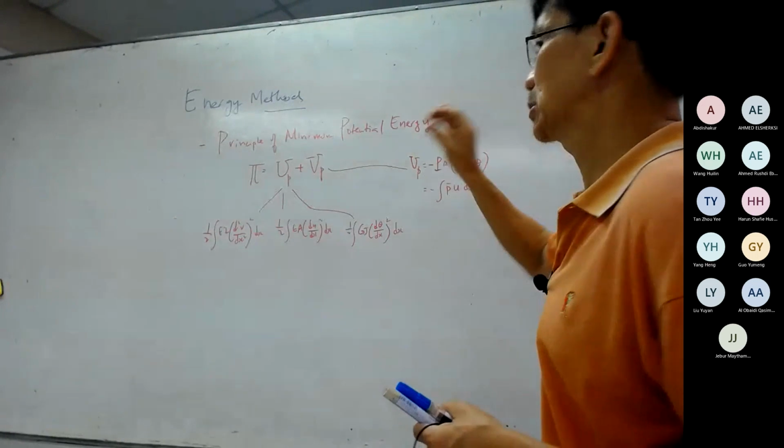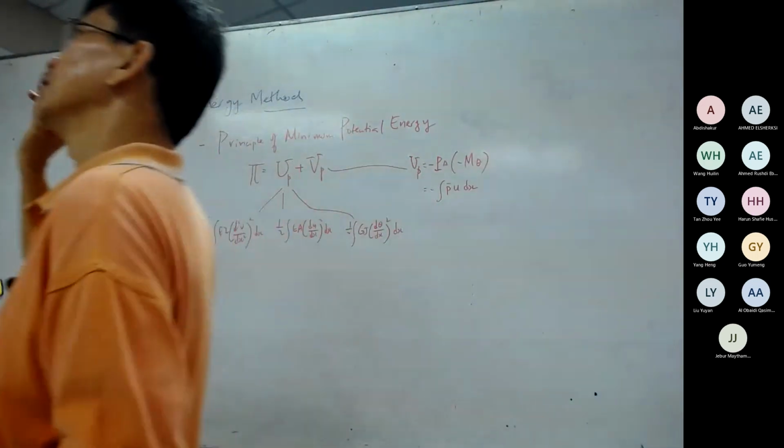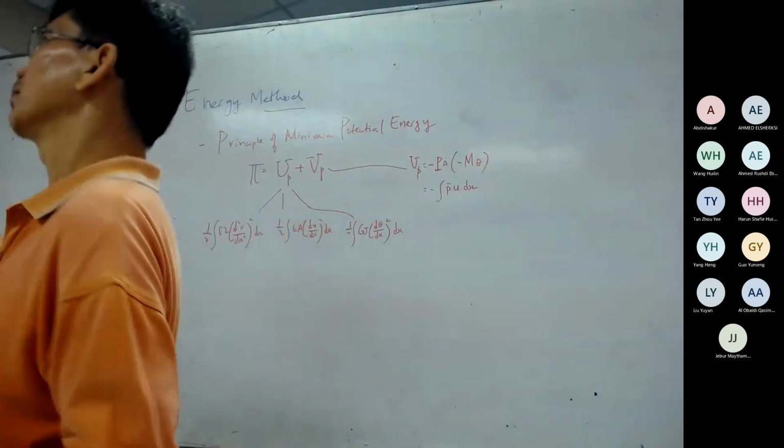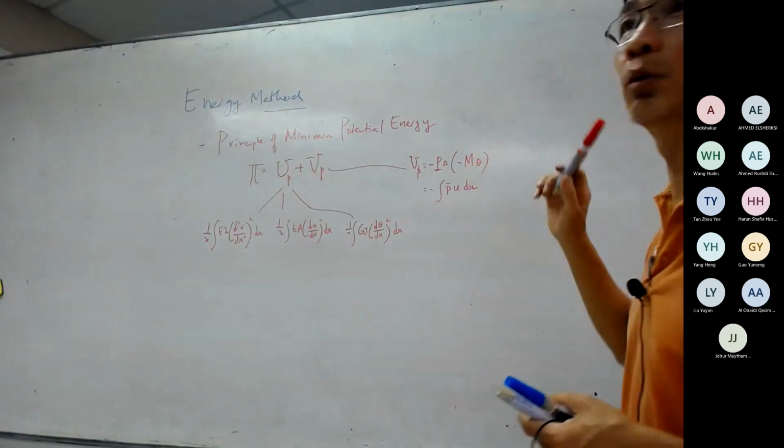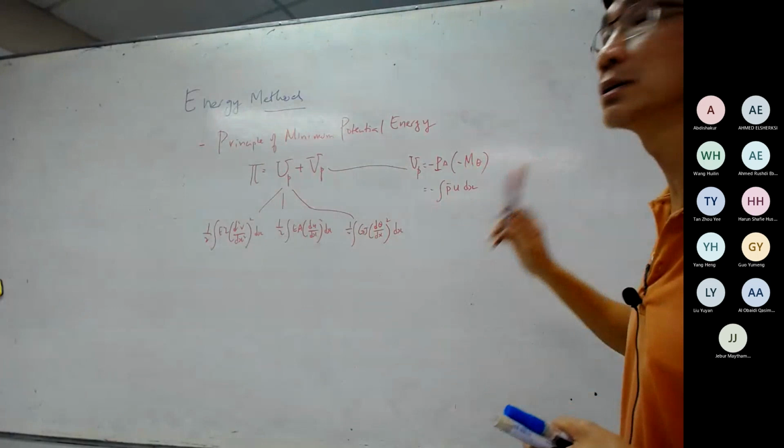If it is a point load, it is just the negative of that point load multiplied with the corresponding displacement in the same direction as P itself. Or if it's a moment, the negative of that moment multiplied with the rotation at that point, in the same direction as the moment. There must be a negative here.